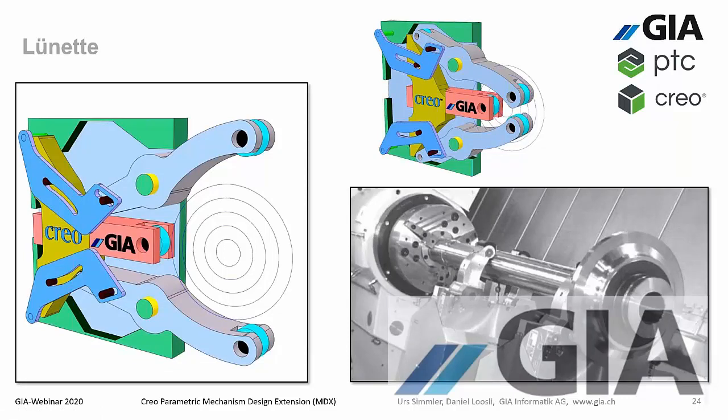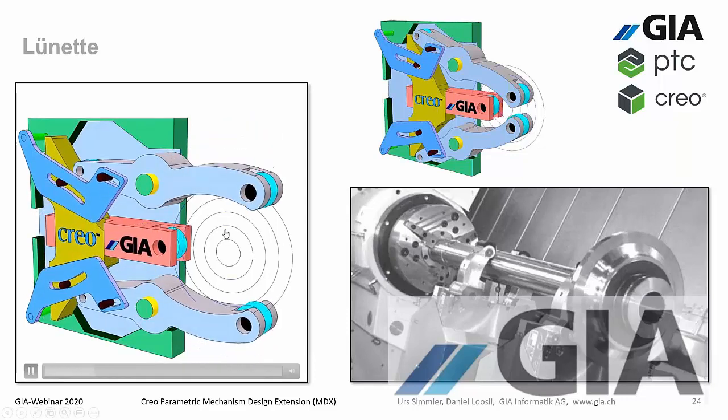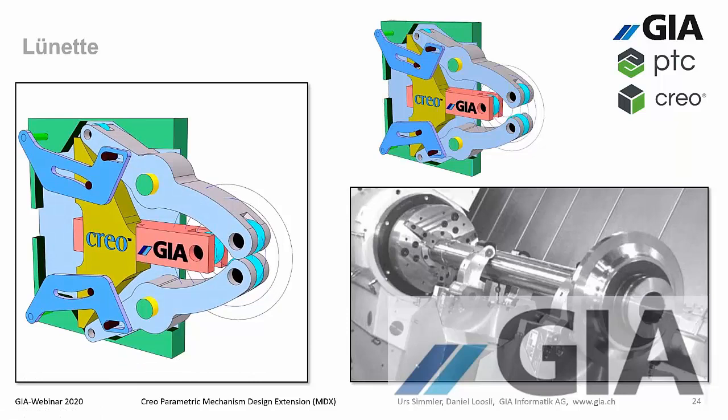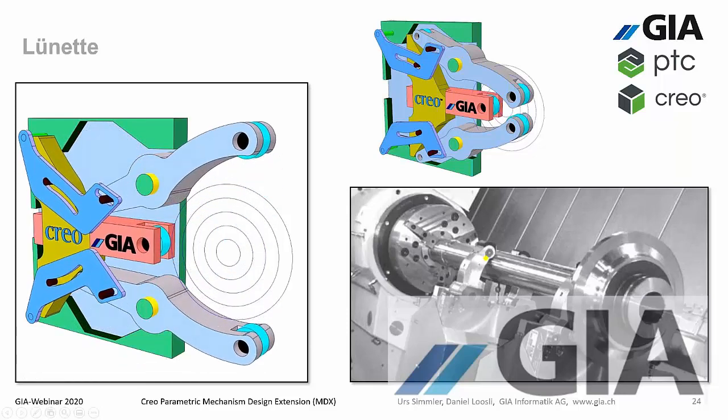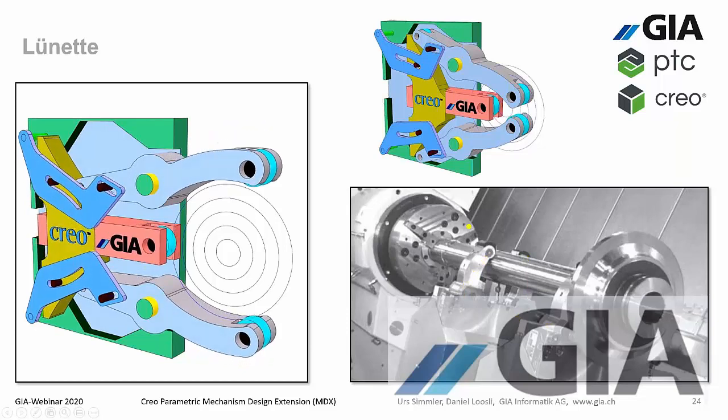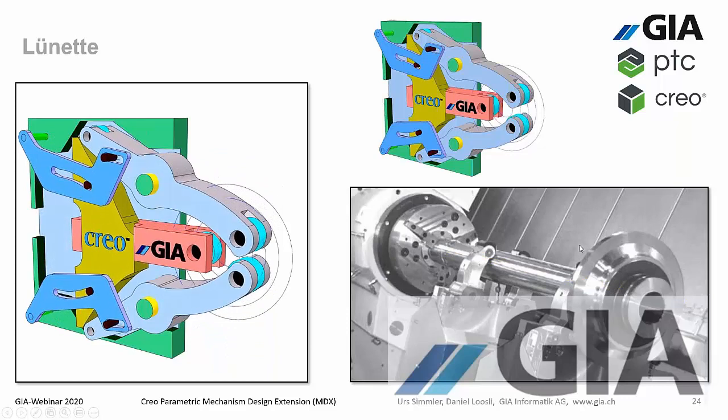So today's component will be a lunette. I don't know the word in English, but this is for the machining, turning process you quite often need here in the middle. You need a support in order to have here, let's say, no displacements on your machined component.